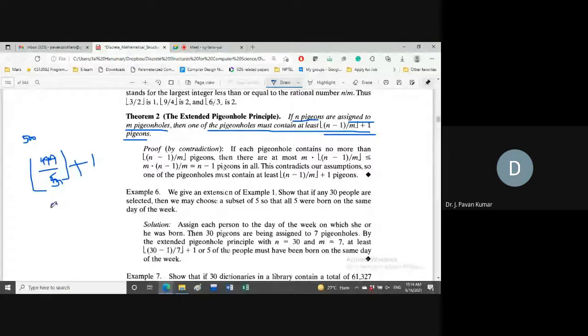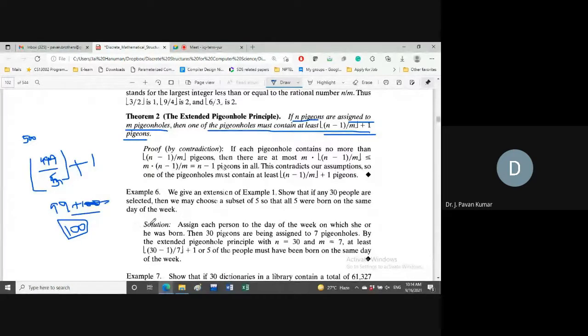Why? Because floor of 499 by 5 is 99, plus 1, so 100. So at least one pigeonhole will be holding 100 pigeons.